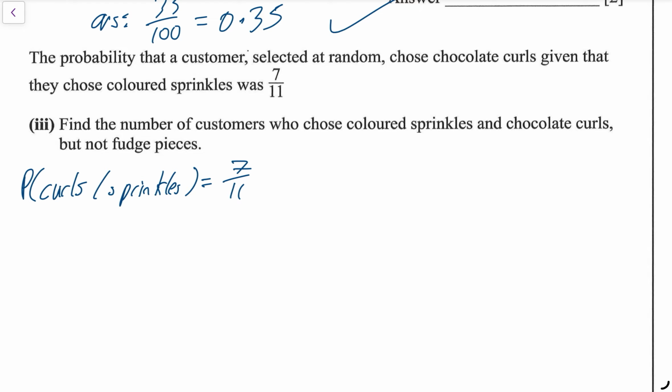Okay. It says, find the number of customers who chose coloured sprinkles and chocolate curls, but not fudge pieces. No idea. Right. First of all, we'll work out the total for the sprinkles.